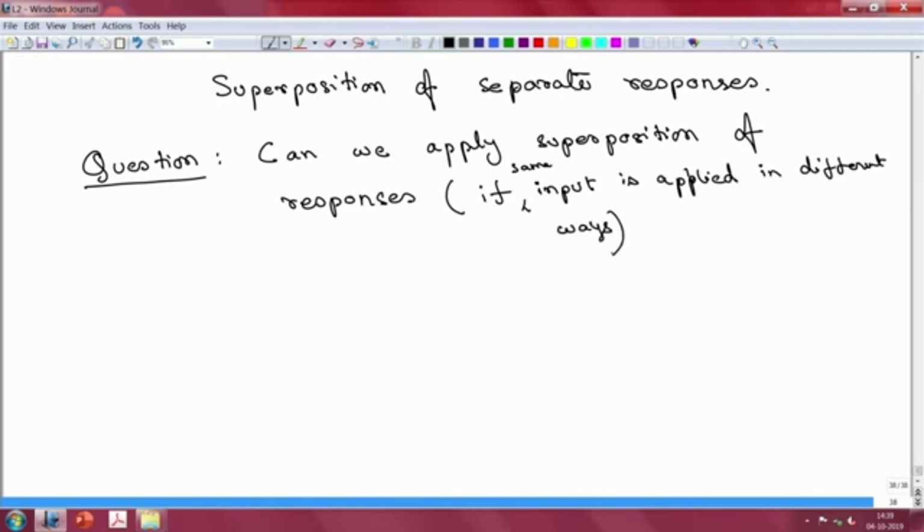Right. So, what do we mean by that? Let us illustrate this with an example.